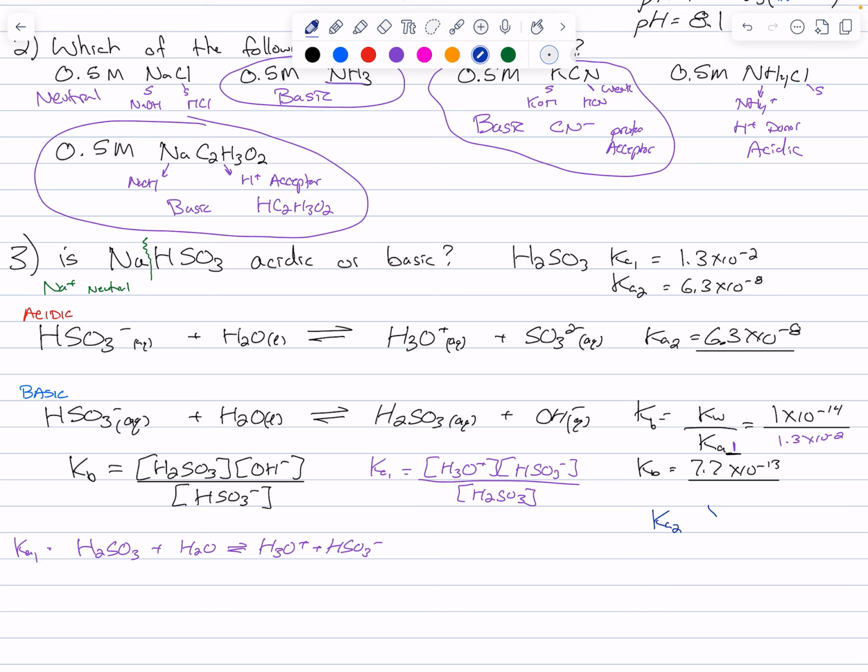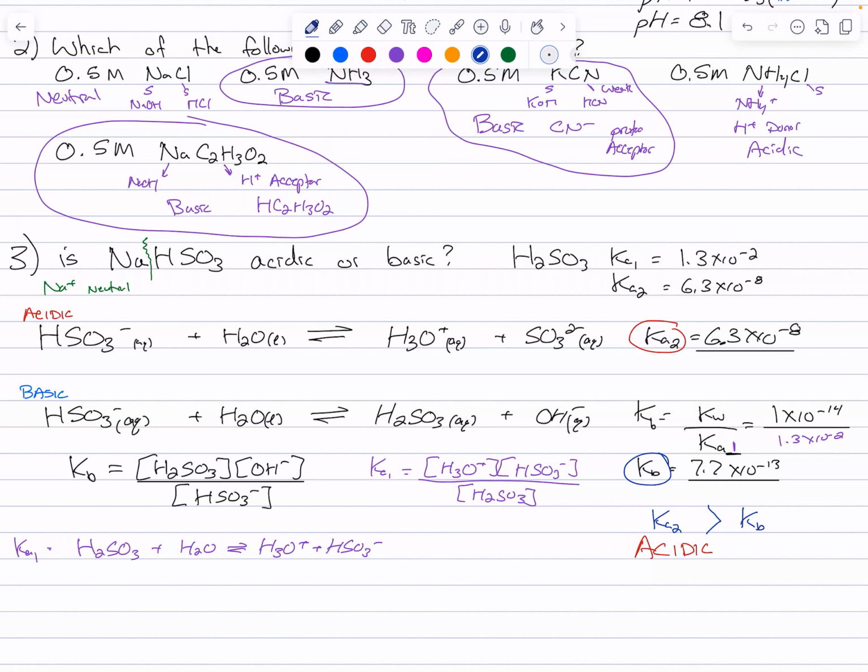That means the Ka2 reaction goes further. So this is going to be acidic because Ka2 is bigger than Kb. All right? Hopefully that makes sense.